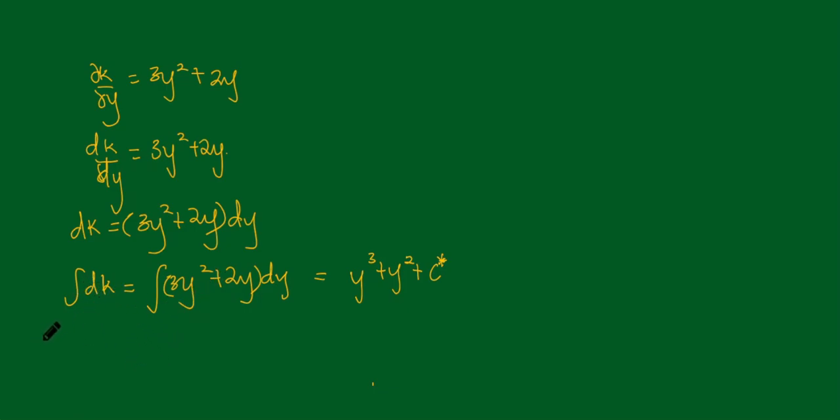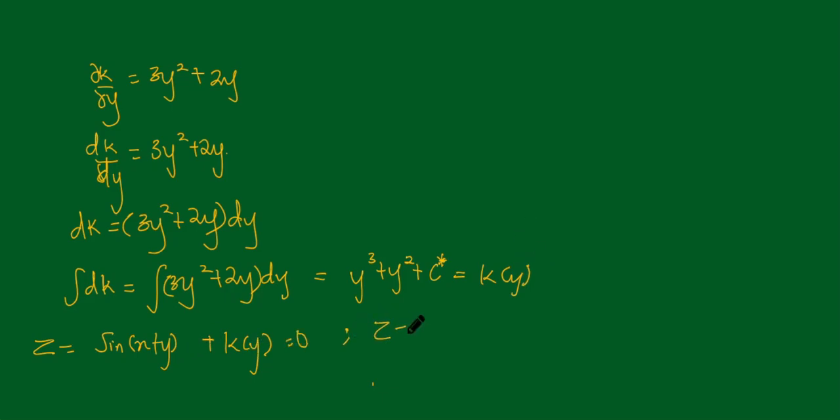So we said that our z is equal to sin(x + y) plus k(y). We can see that from the result we've obtained, this is what our k, which is a function in y, is.